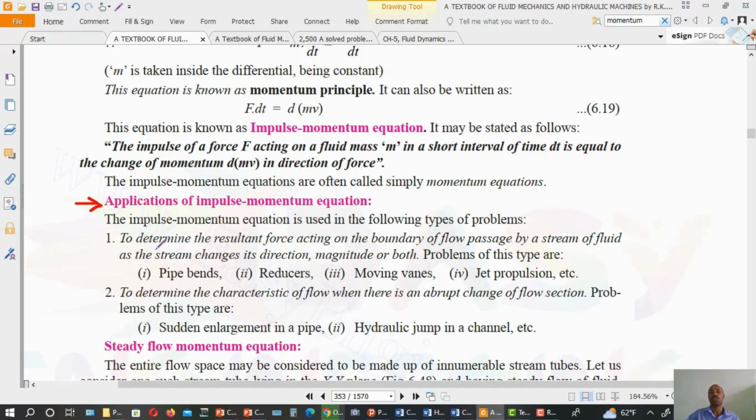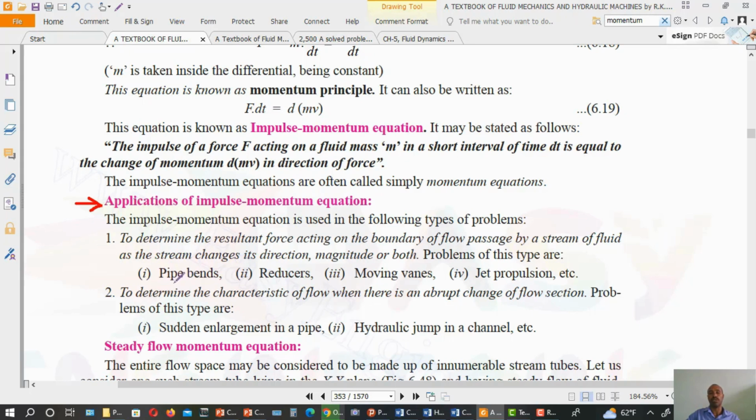The first one is to determine the resultant force acting on the boundary of a flow passage by a stream of fluid as the stream changes its direction, magnitude, or force. So if there is a change in direction and magnitude, then the resultant force will change.